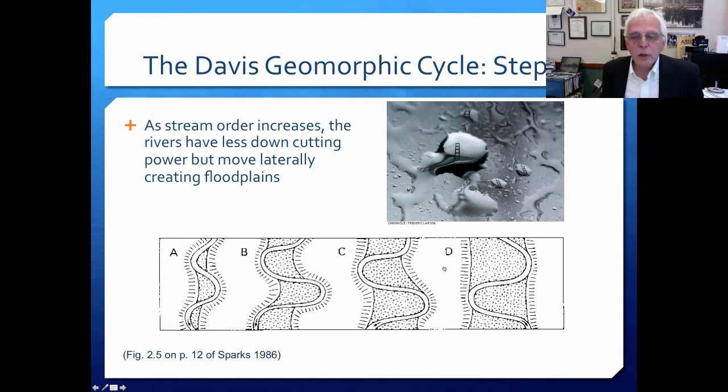So creation of floodplains is a natural part, really, of the stream aging process, and that means that, of course, the stream moves out and forms a broader and broader and broader valley in which it flows.